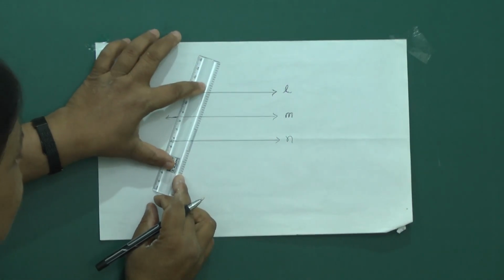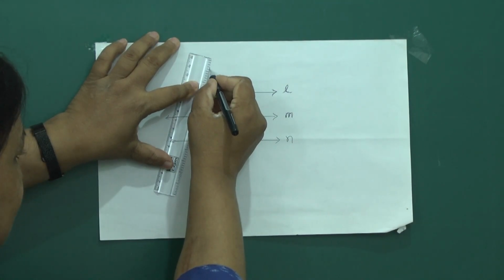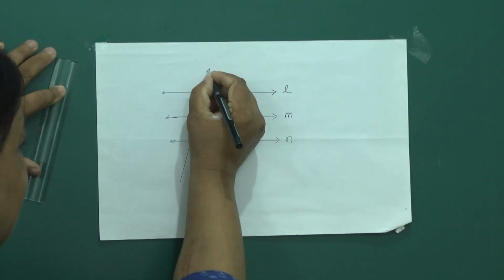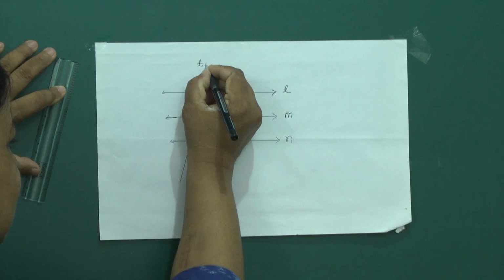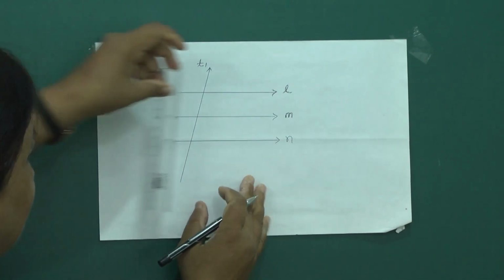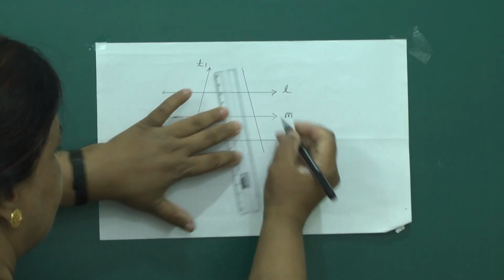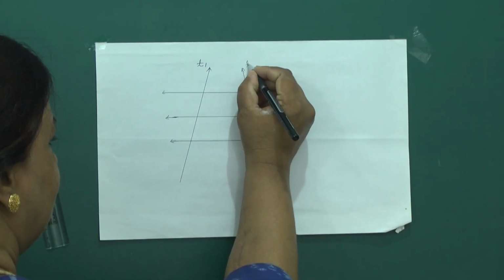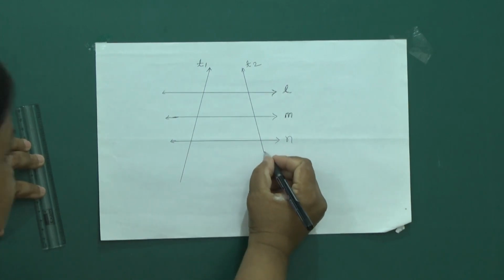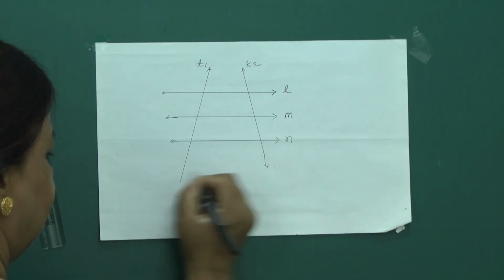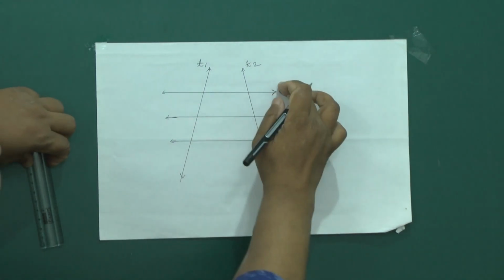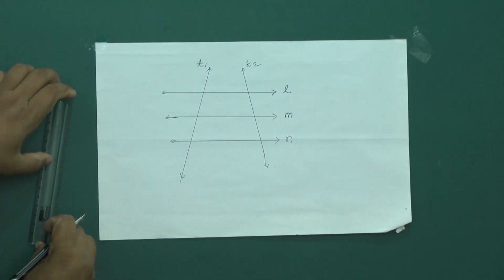Now I will be drawing one transversal here and name it as T1 and another transversal on the other side and name it as T2. So these are the two transversals and these are the three parallel lines.